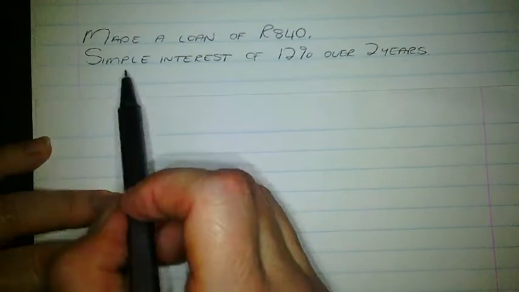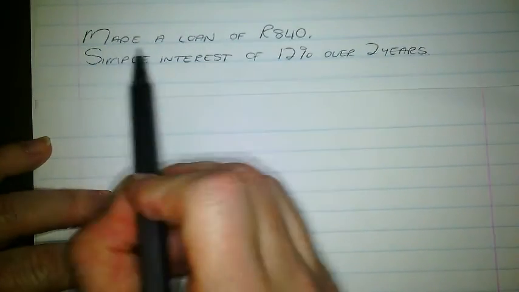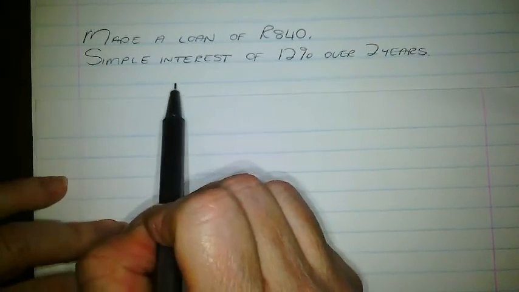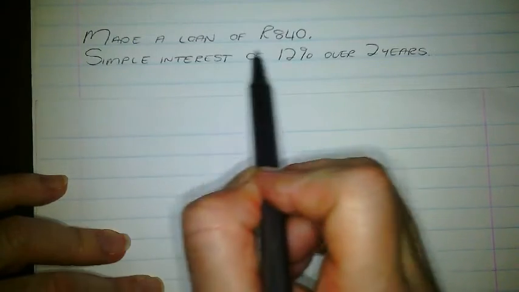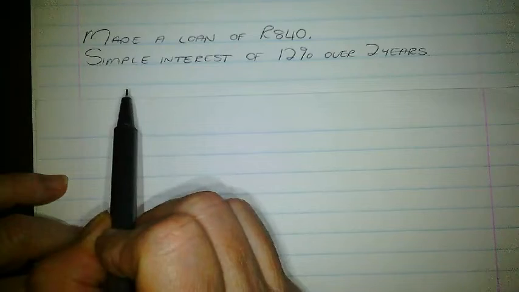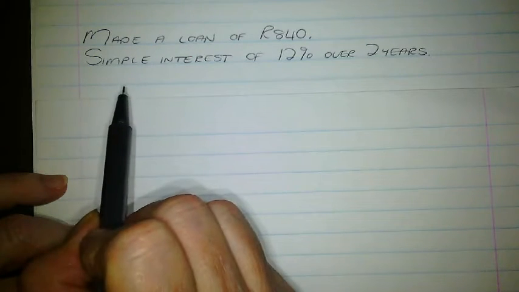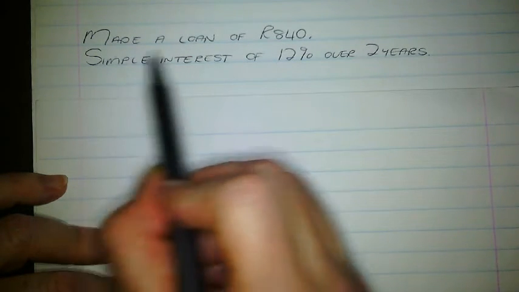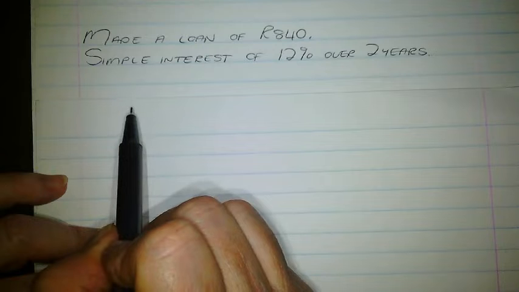In your case, you had the simple interest that you had to calculate. I'm not sure about the example that was given to you, because I didn't get the English paper. I only have the Afrikaans examples with me, but I think the information is going to be the same.